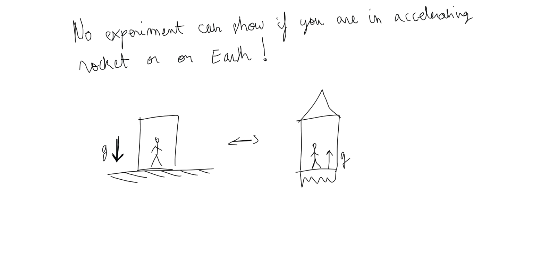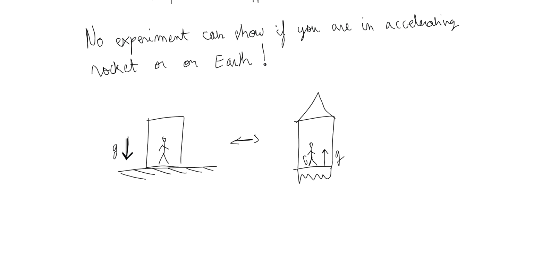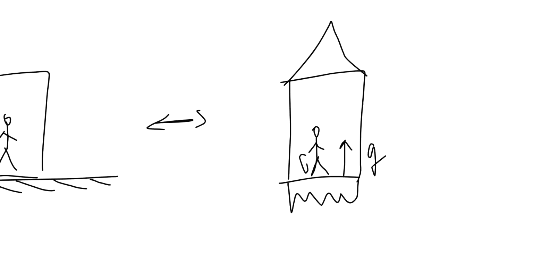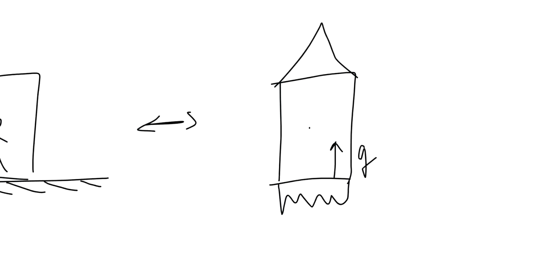And so now in my rocket, remember I had a clock here, clock A, and I had a clock here, clock B. Well, I can do the same now in my laboratory on Earth.